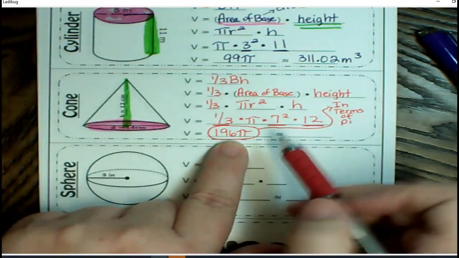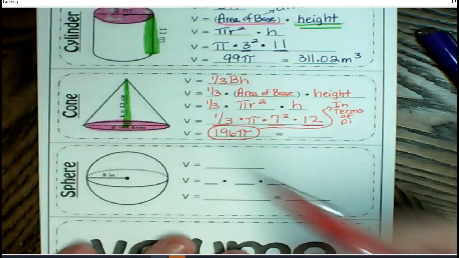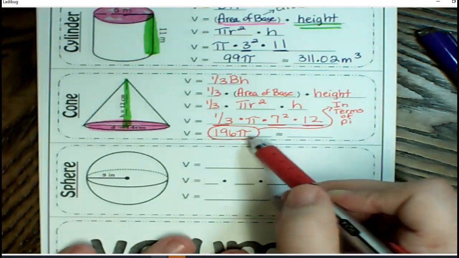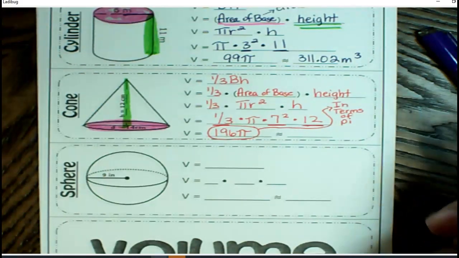But sometimes they just may want an approximation and they say round your answer. Then you do the next step, which would be to multiply 196 times pi. So do that now. 196 times pi. Use the pi symbol. Don't do 3.14, use the pi symbol.